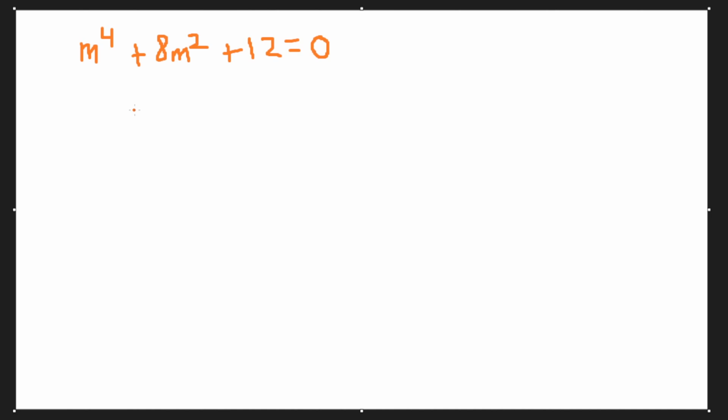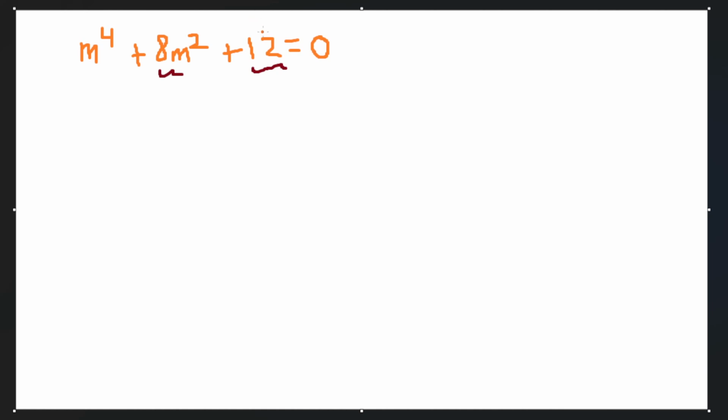So the first thing we want to do is see what multiplies to 12 and adds up to 8. You could pause and think about it, then after you get your answer, resume the video.